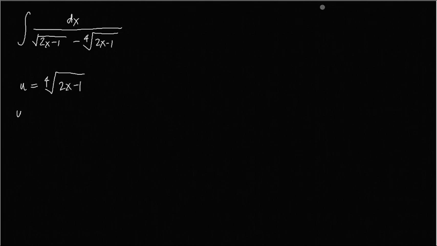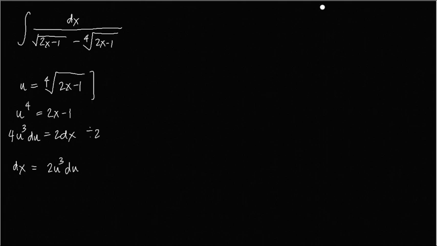Okay. We can say that this is u raised to 4 equal to 2x minus 1. So that we have 4u cubed du equal to 2 dx. And then dividing both sides by 2, we have dx equals 4 divided by 2, which is 2, so we have 2u cubed du.